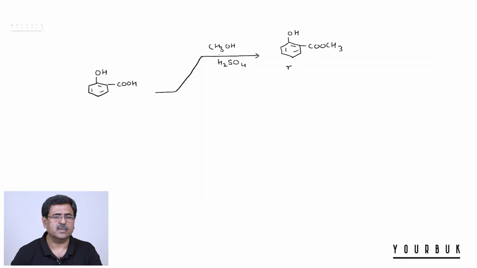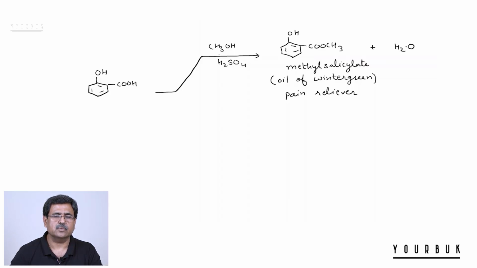This ester is called methyl salicylate. Its other name is oil of wintergreen, and it is used as a pain reliever. The side product is H2O.